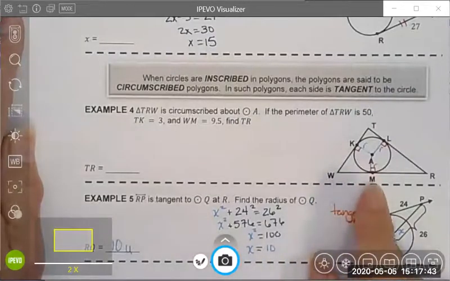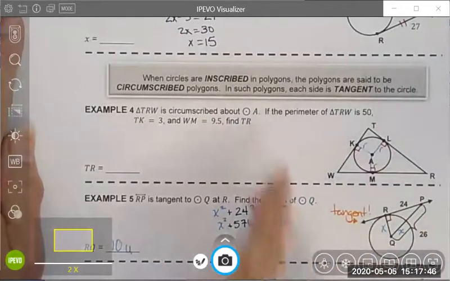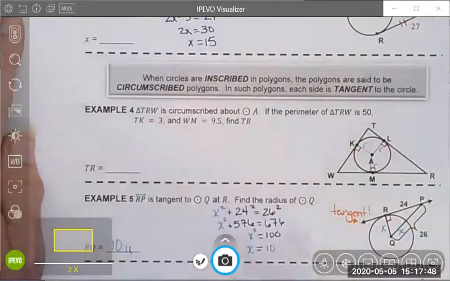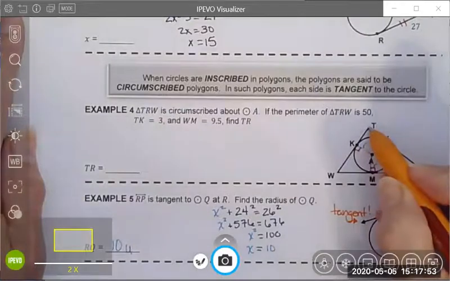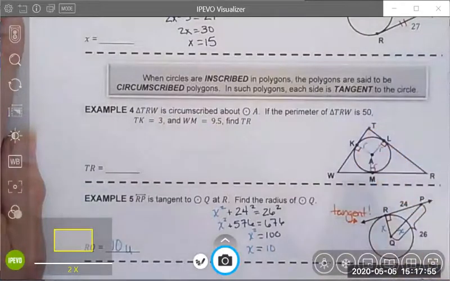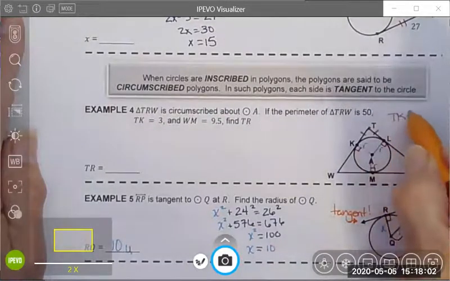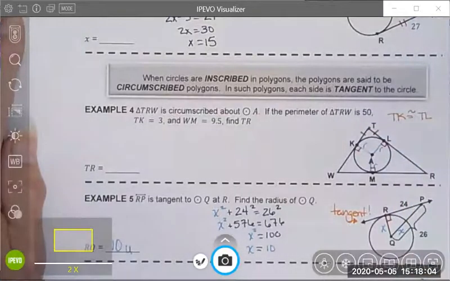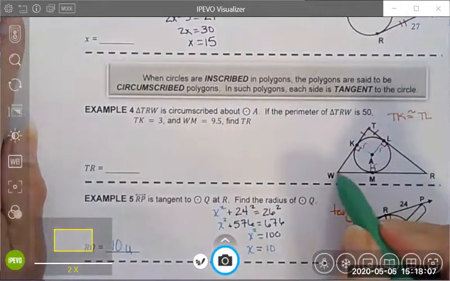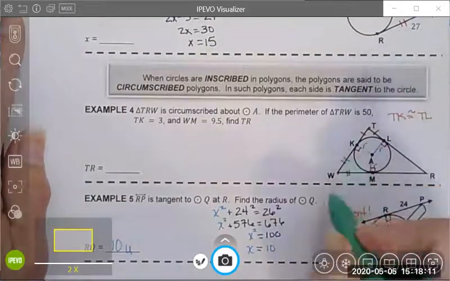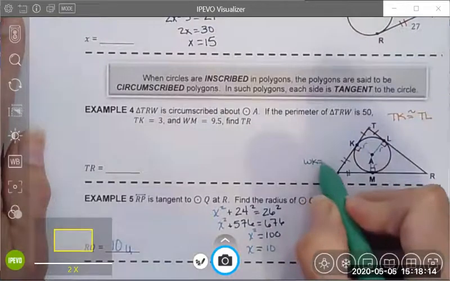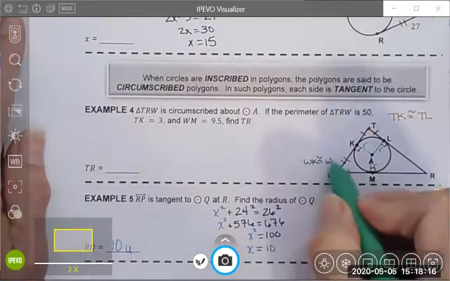We can use the Pythagorean theorem, sure, but more importantly, we learned earlier in the previous theorem that if you have a point that is on the exterior, tangent to the circle in two places, we know these segments are congruent. So TK is going to be congruent to TL. And because W is a common external point to two tangent lines, we know that WK is congruent to WM.